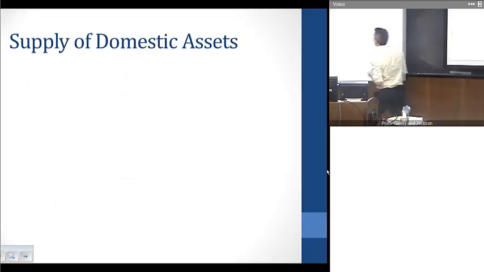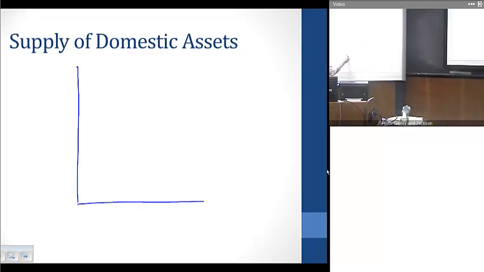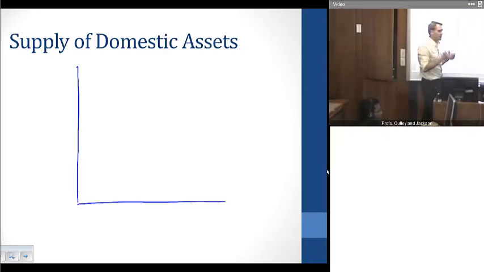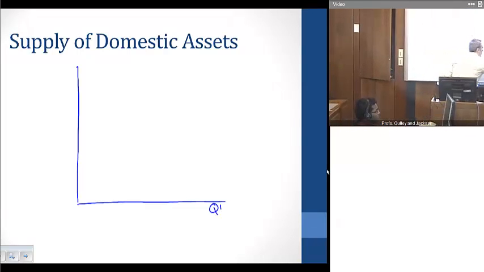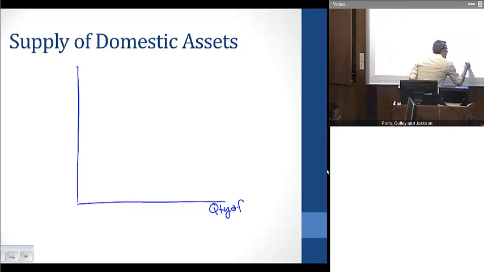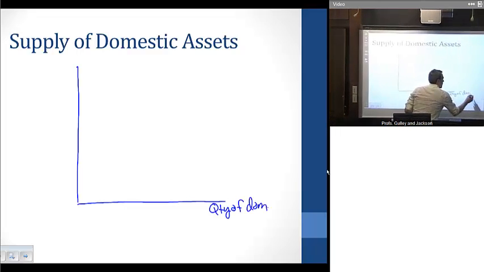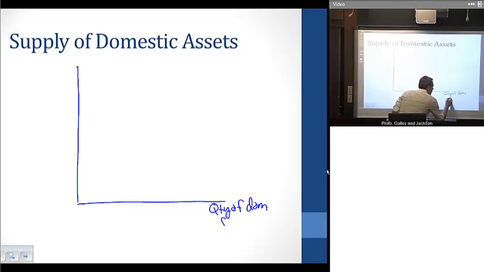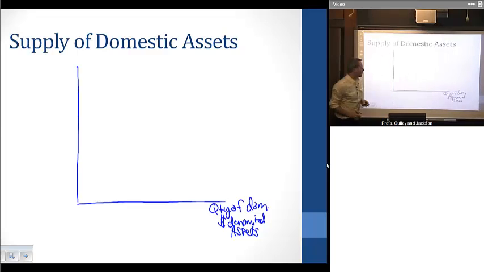So if we look at the supply of domestic assets, first of all, if we're thinking about the U.S. as being our domestic economy, then we're going to want to understand what the quantity of domestic or dollar-denominated assets is, okay? And we're going to measure that in terms of the price of those assets in other currencies, okay?